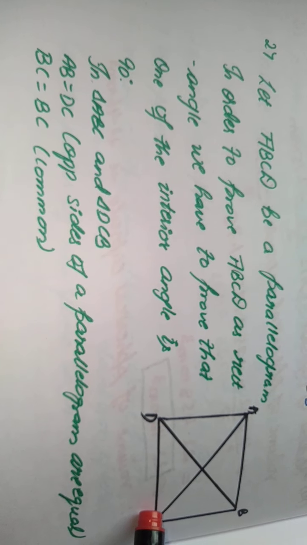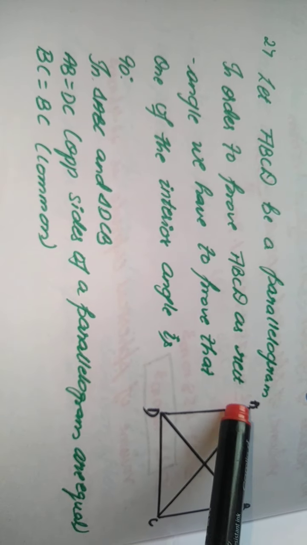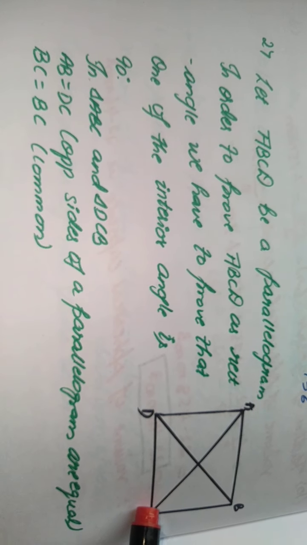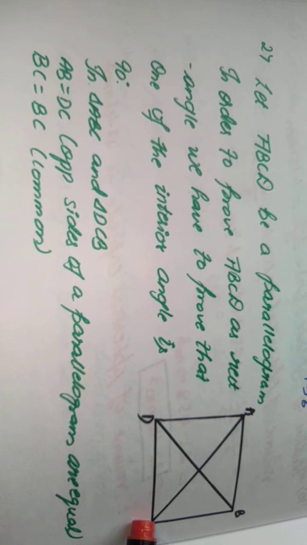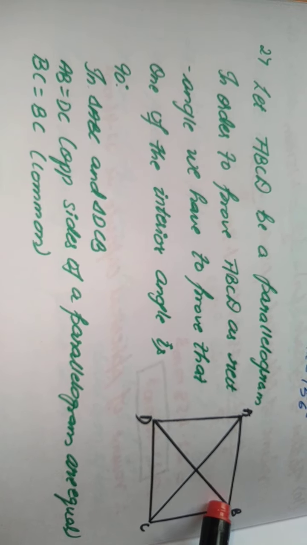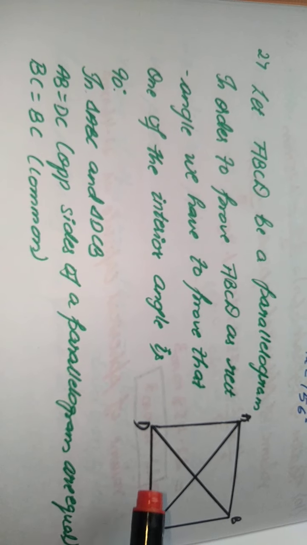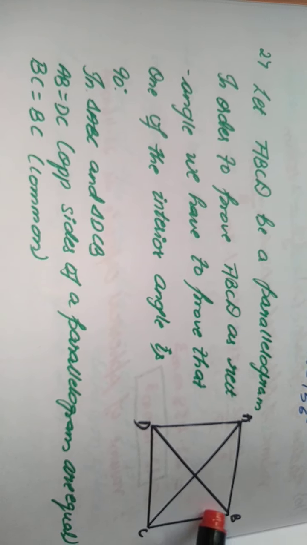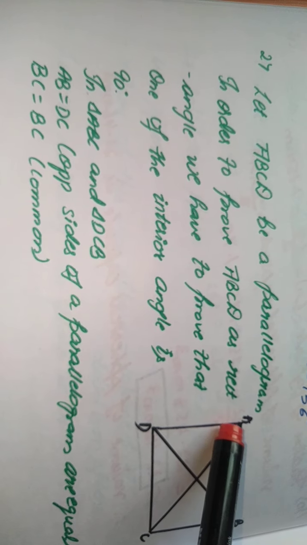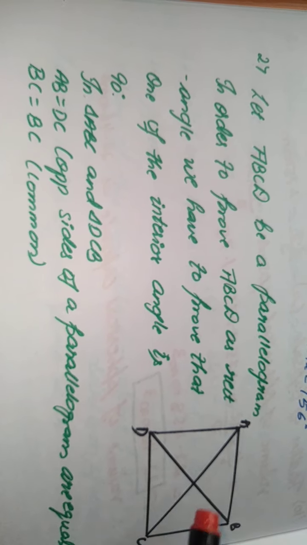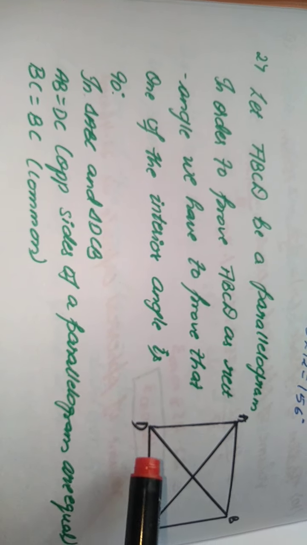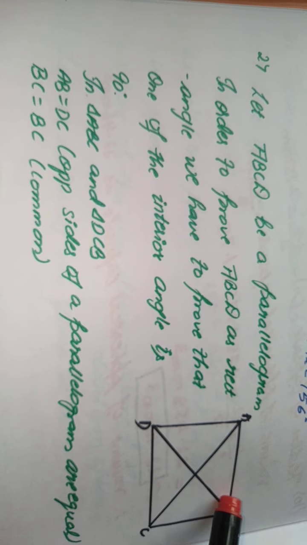Which two triangles will I take? Triangle ABC, and relating to BC, the other triangle I should take is DCB. Can you see here, one triangle is ABC and another triangle is DCB.